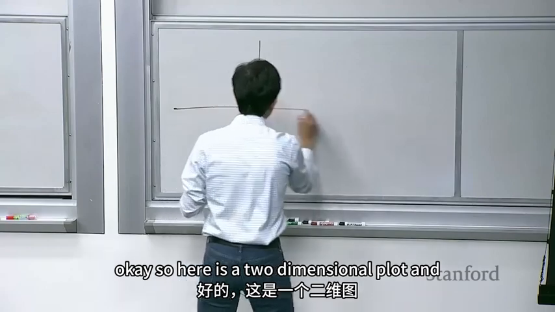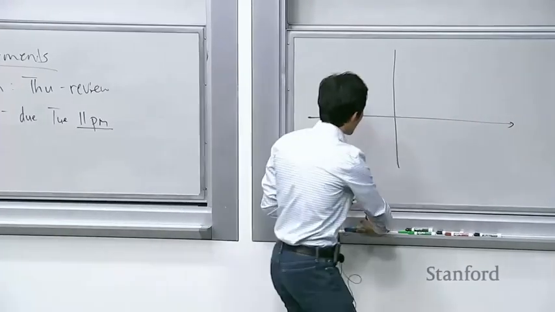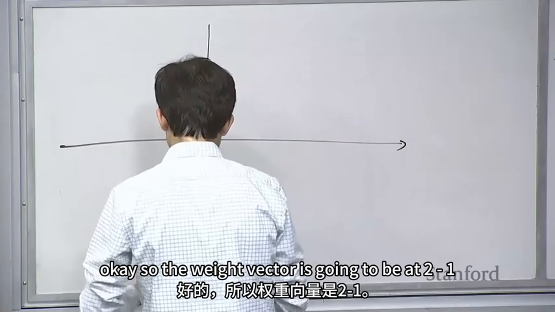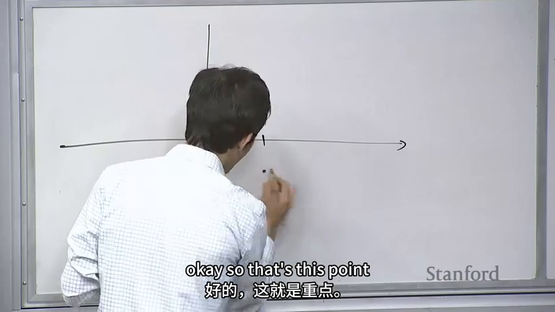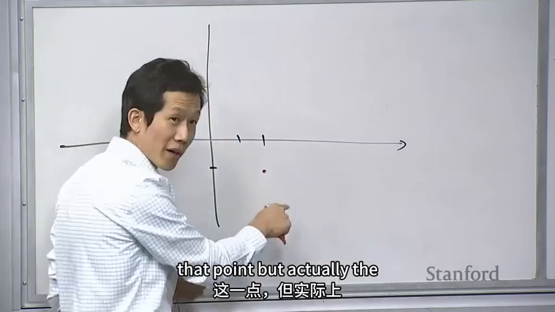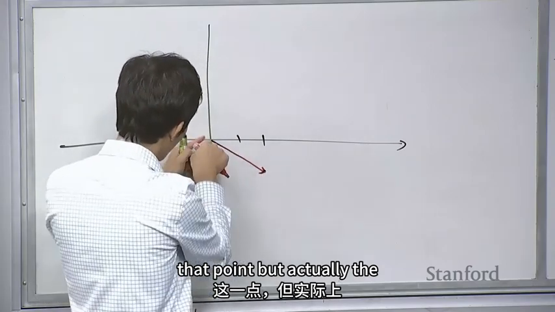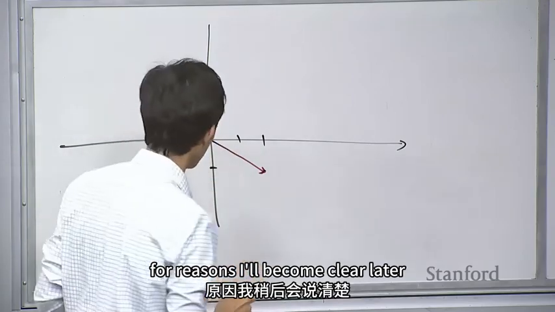Okay, so here is a 2-dimensional plot. And let's draw the weight vector first. The weight vector is going to be at [2, -1]. So that's this point. And the way to think about the weight vector is not that point, but actually the vector going from the origin to that point, for reasons that will become clear later.